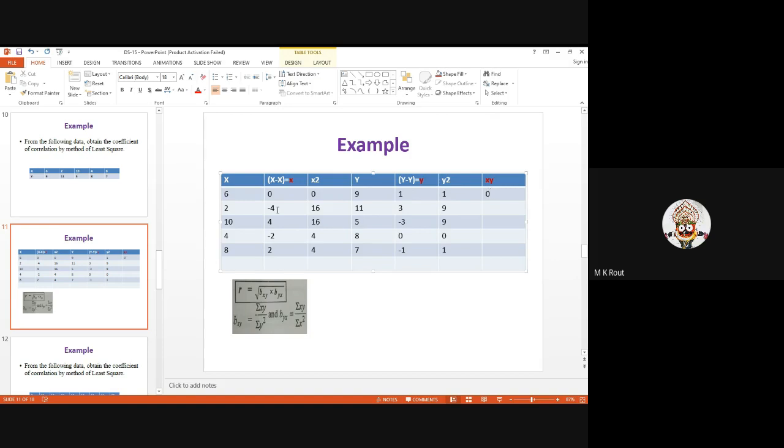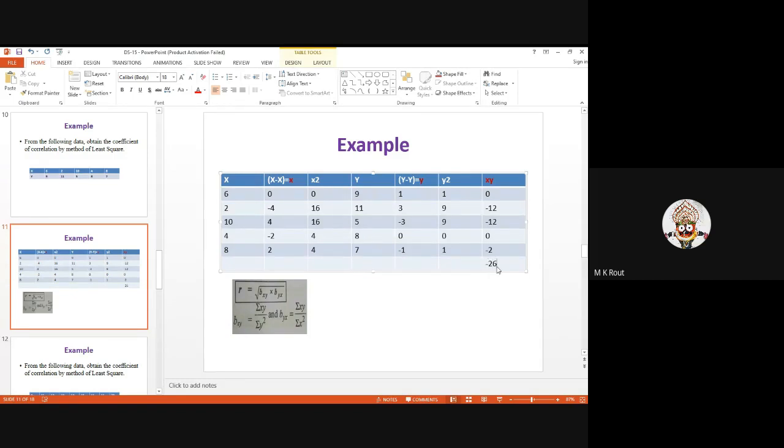Again, minus 4 into 3, that is minus 12. Similarly, 4 into minus 3, that is also minus 12. Again, minus 2 into 0, that is 0. And the last one is 2 into minus 1, that is minus 2. The summation of xy equals minus 26.